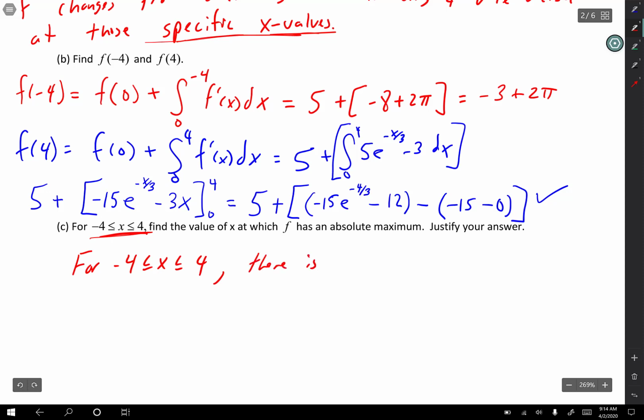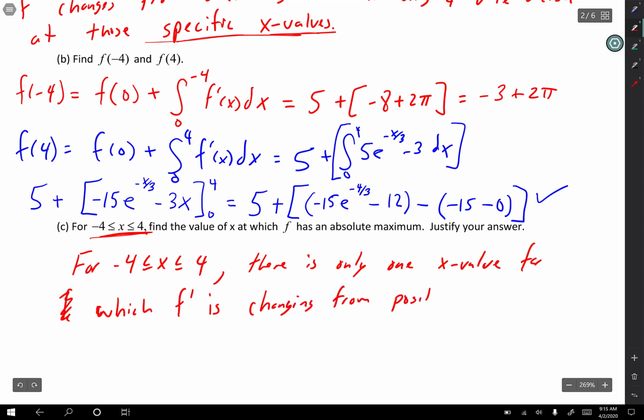There is only one x value for which f prime is changing from positive to negative.